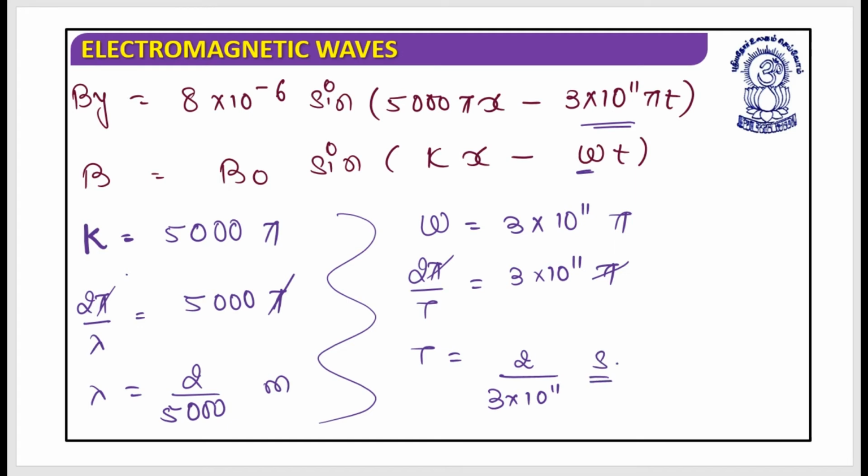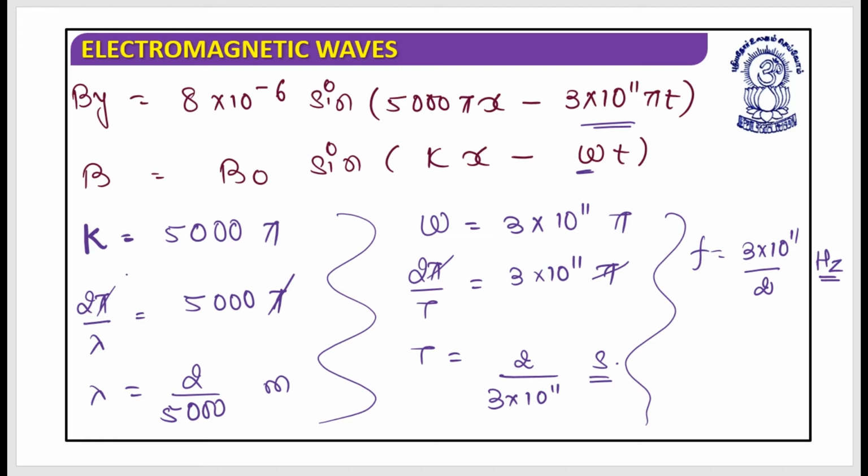So this is the time period, and if I have been asked the frequency, this is equal to 3 into 10 to the power 11 divided by 2 hertz. So this is the frequency. I got the frequency, I got the wavelength.